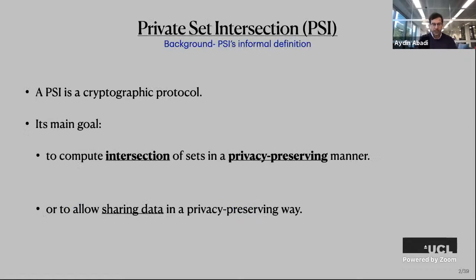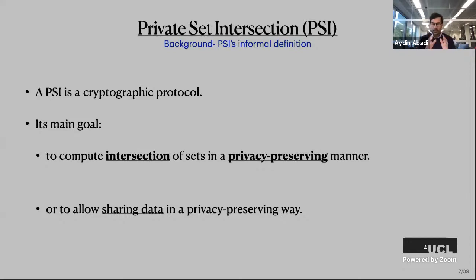So what is PSI? A PSI, private set intersection, is a cryptographic protocol. Its goal is to let parties share their sensitive data in a privacy-preserving manner. I explain what I mean by that. It computes the intersection of sets, where each set is sensitive, is private, and is contributed by a party.